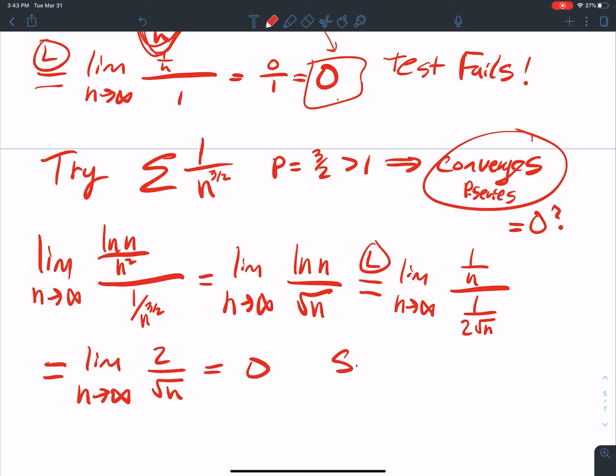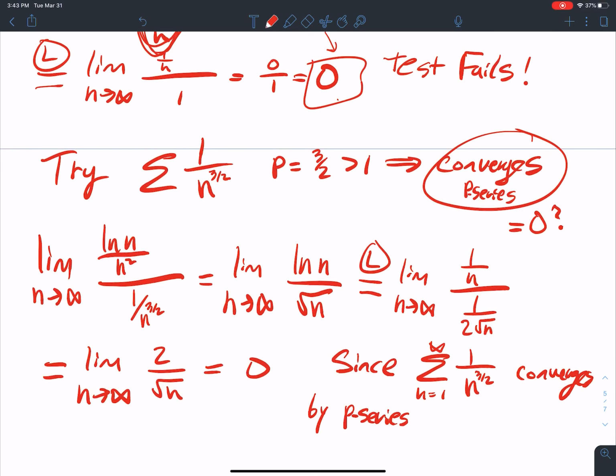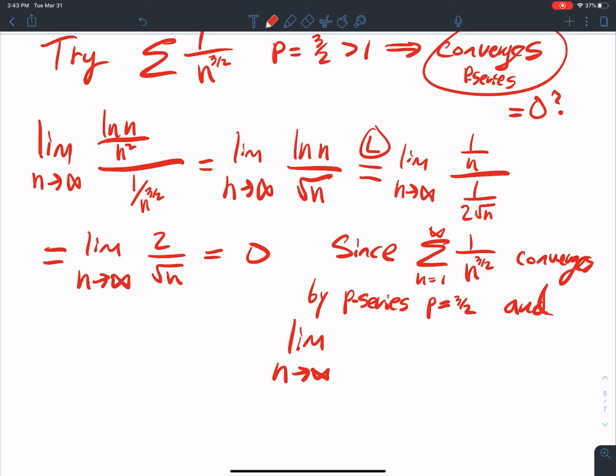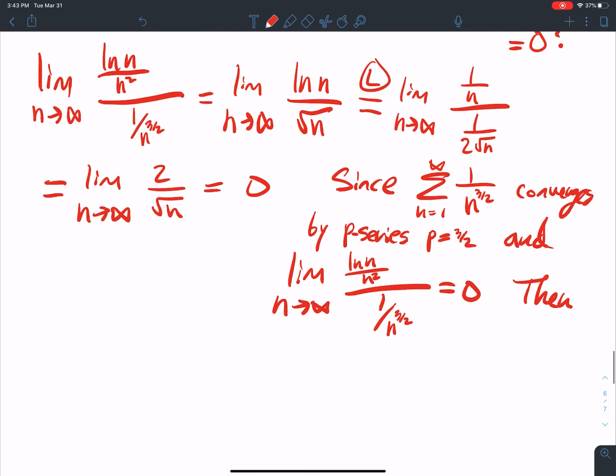Now, since the series n equal 1 to infinity of 1 over n to the 3 halves converges by p-series, p equal to 3 halves, and the limit as n goes to infinity of ln n divided by n squared, divided by 1 over n to the 3 halves, is equal to 0, then by LCT, I'm sorry, not CLT, limit comparison test.